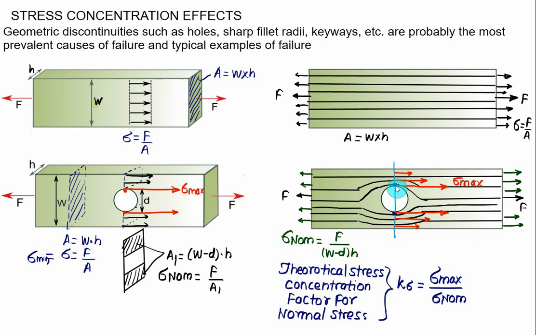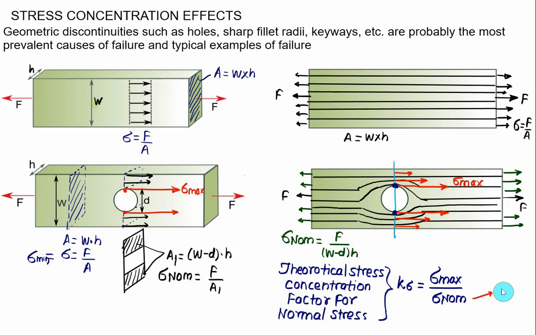This maximum stress will occur only at the local point here, which is the top edge and the bottom edge. Sigma max represents the maximum normal stress in megapascals, and sigma nominal represents the nominal normal stress.